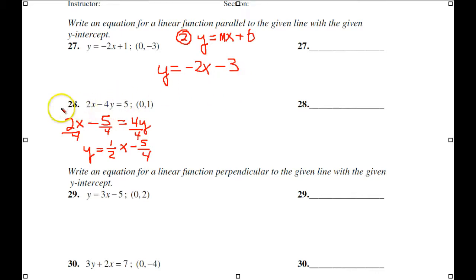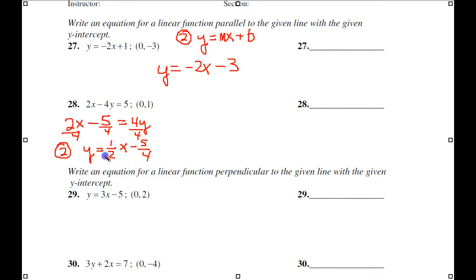Now in number 28, this is in standard form, equation 1. We want to put it into slope-intercept form, which is equation 2. We solve for a positive y. So I transposed this, then divided, and brought the 5 over as a negative 5, divided everything by 4, and then I wrote it this way.